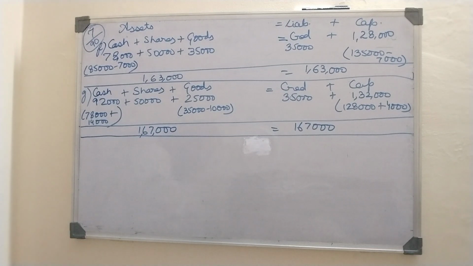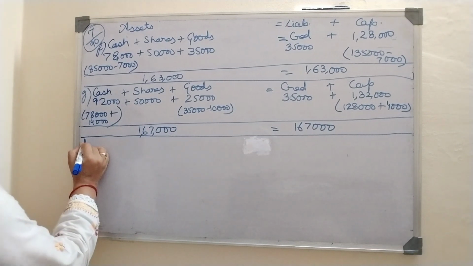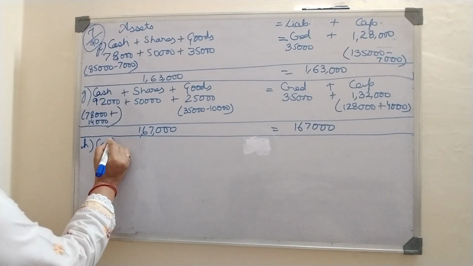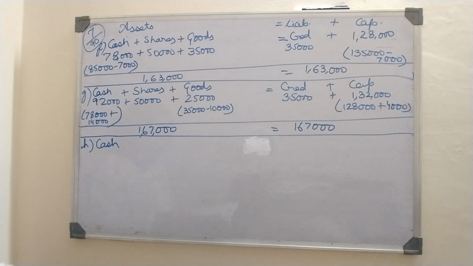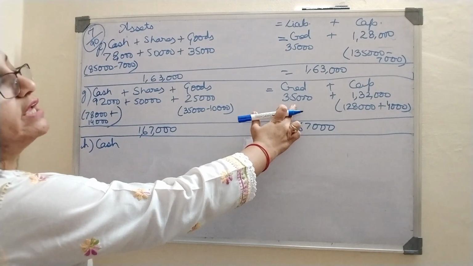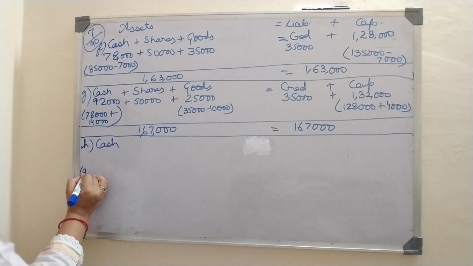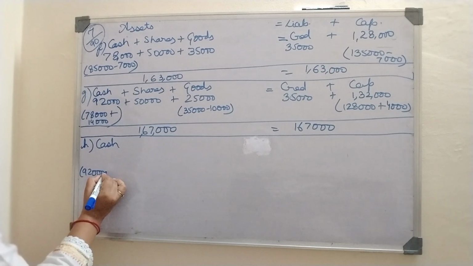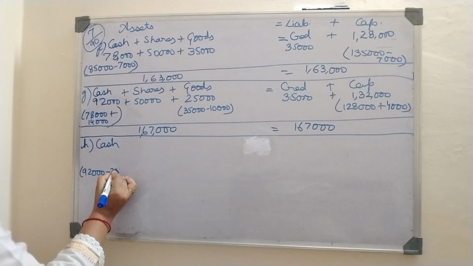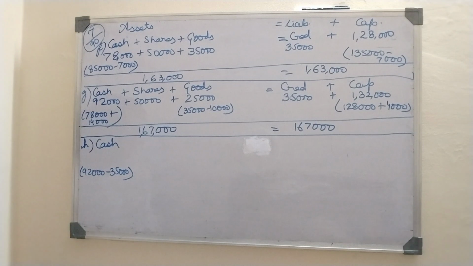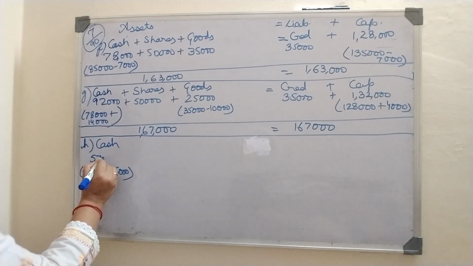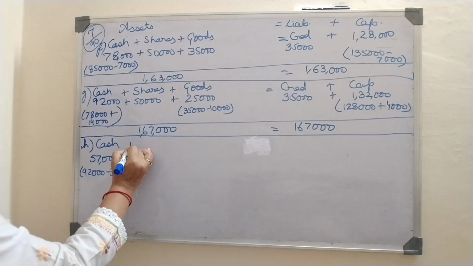Now next we go to the H part. The H part says cash paid to Ragini, 35,000. So this creditor we have paid cash, right? So we will deduct from here: 92,000 minus 35,000 comes to 57,000, right?